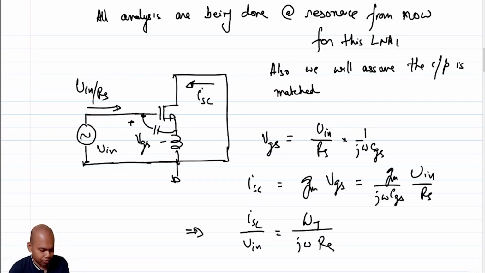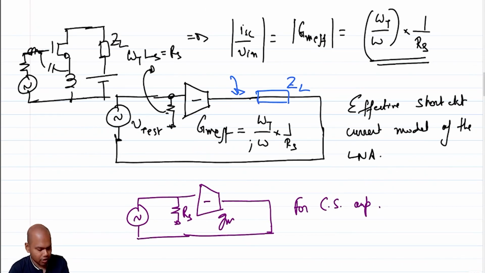Then we found out what is the kind of effective transconductance which is necessary for us to ensure that we get sufficient gain. So Gm effective, as it turns out, under matching condition is proportional to omega T over omega, right?